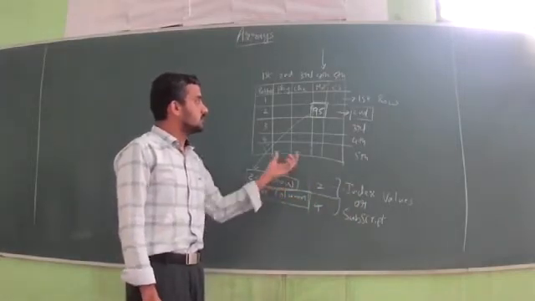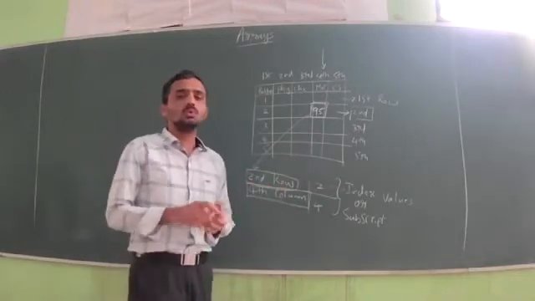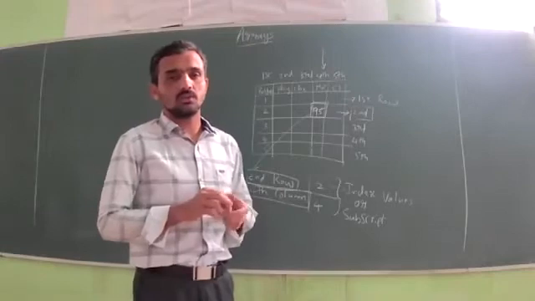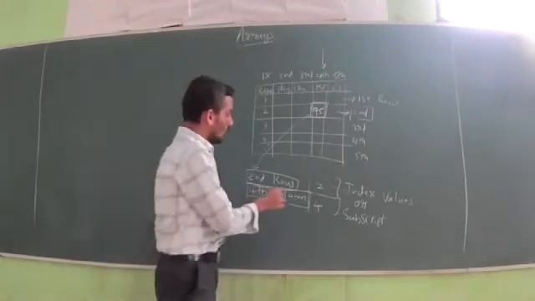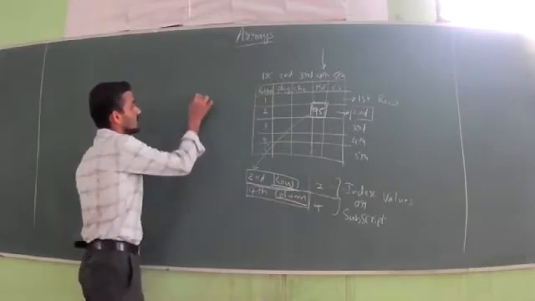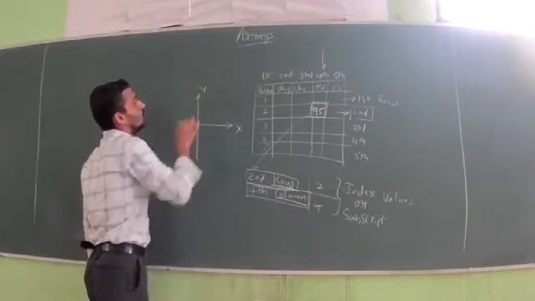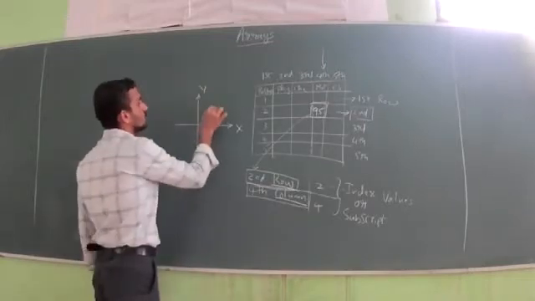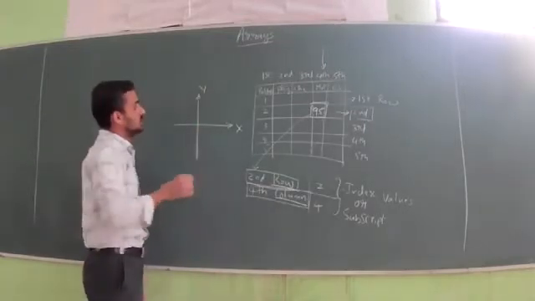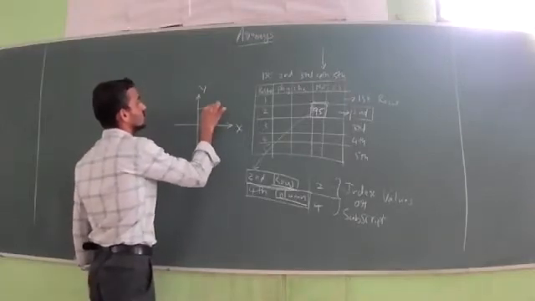Now, I'm talking about a two-dimensional array. Two dimensions are required here: one is row, another one is column. To understand it better, you can consider the x-axis and y-axis. If you put a point, like coordinates, you say some distance from the x-axis and some distance from the y-axis.